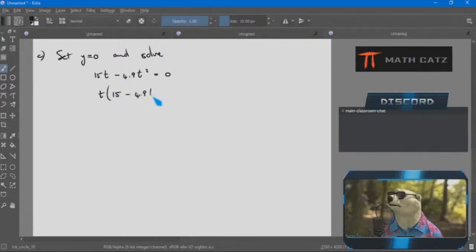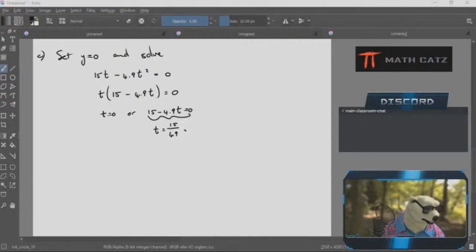It's unnecessary though. By factoring out a t, I'll save some time. So t is equal to 0, or 15 minus 4.9t is equal to 0. And this one tells me t is 15 divided by 4.9.